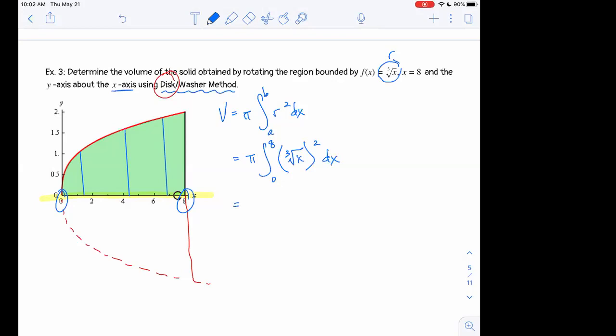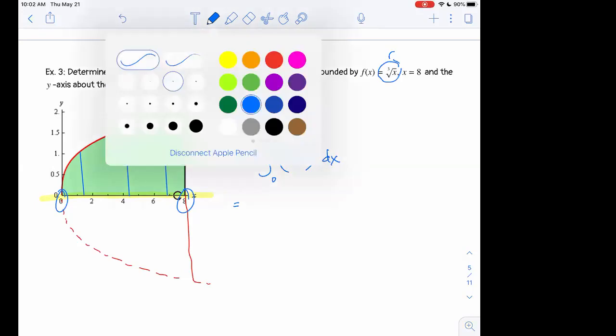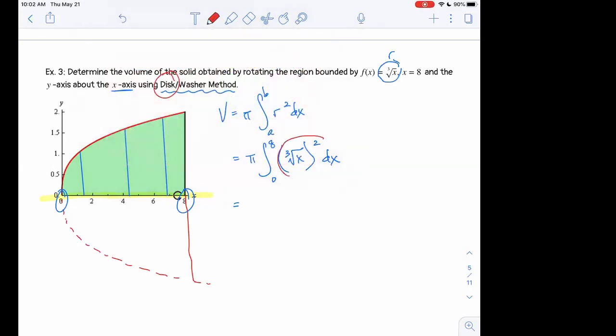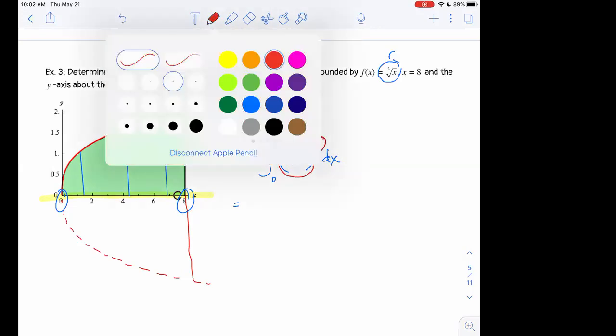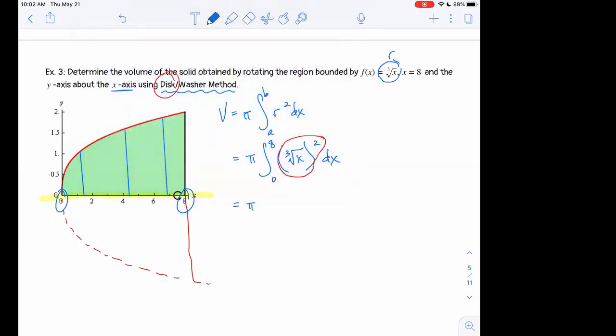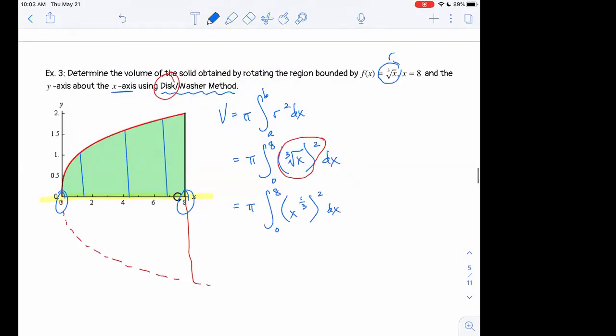Okay, so one of the things that is an important algebra skill is knowing how we write something like that in a way that we can actually see the power. So we've got pi integral from 0 to 8. Now I know that the cube root of x is the same as x to the 1/3. And then I have that squared. And so when I'm combining powers, so I have a power raised to another power, I multiply them.